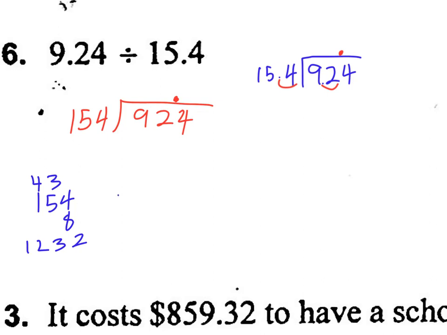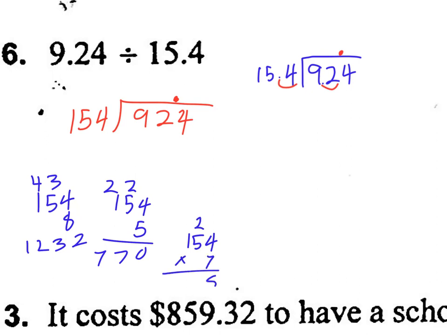So let's try 5 times. Sometimes it's trial and error, but you just have to keep trying until you get something that's close. So 25, 26, 27, that's 770. Okay, that looks a little bit too small. So let's do 154 and 7. 28, 35, 36, 37, 37. That's 7, 8, 9, 10.